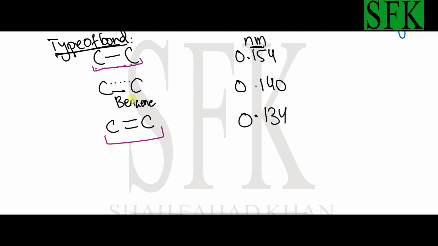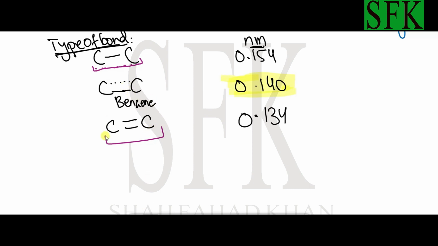In case of benzene, the bond length is intermediate between the double bond and the single bond. It is 0.14 nanometer, which means that benzene is not the structure that was suggested by Kekule.